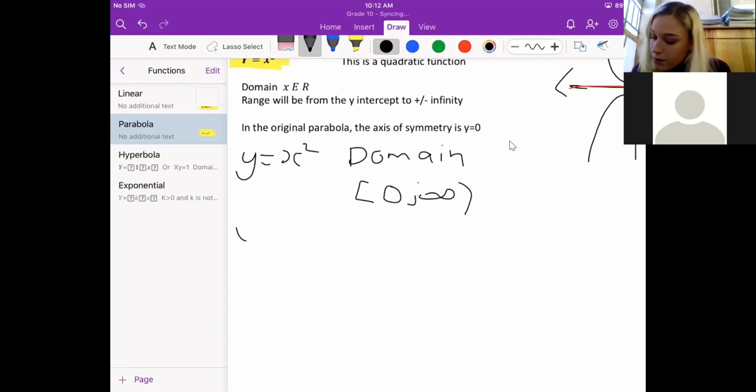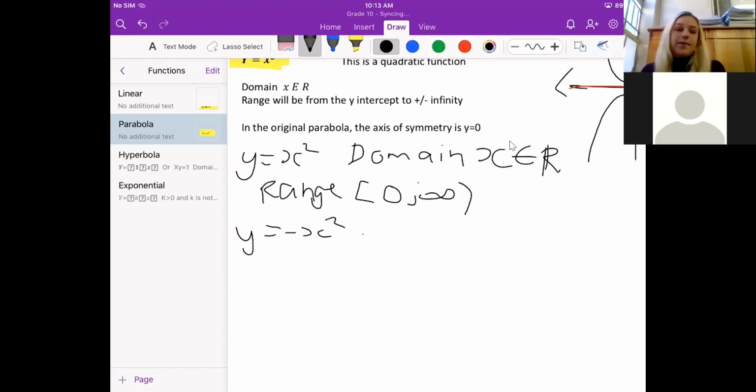If we have y equal to negative x squared, so a negative parabola, then obviously our domain is x ∈ ℝ, it goes forever, but our range in a positive parabola is that.